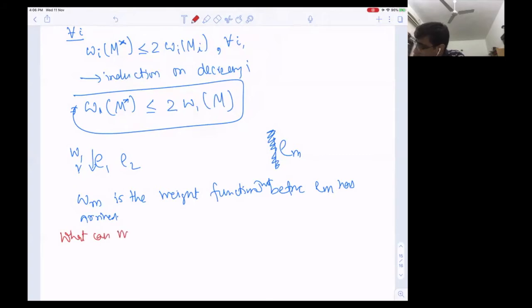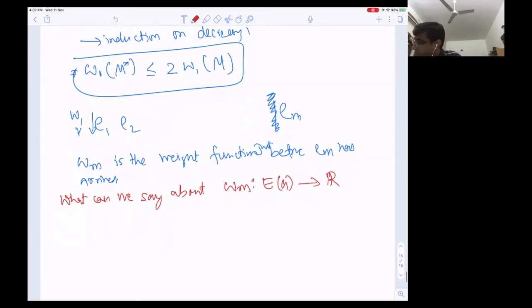What can we say about Wm? This is a function from the edges of this graph to some reals. So what is Wm of E? Anybody?